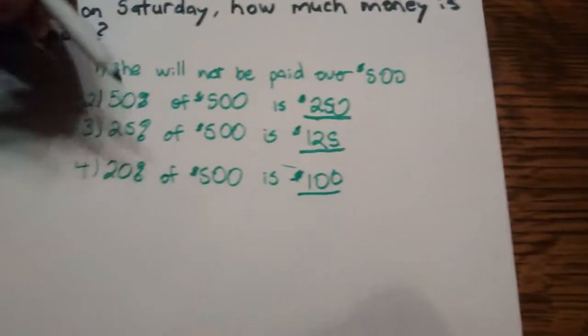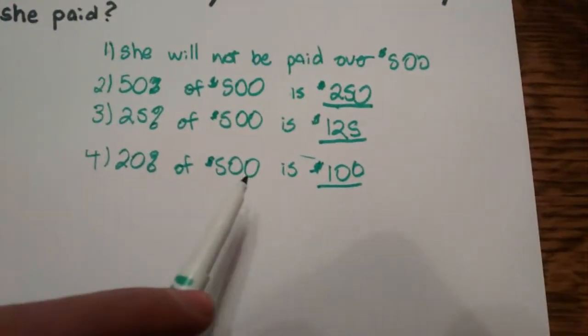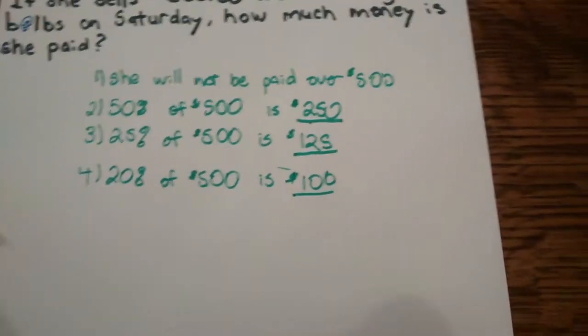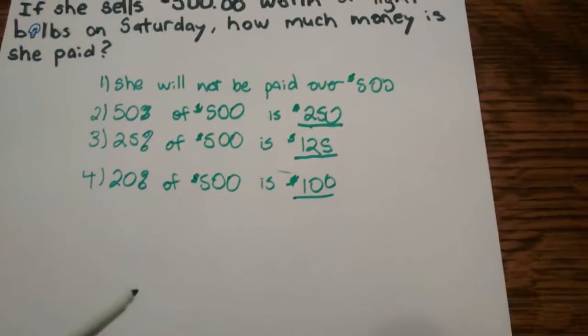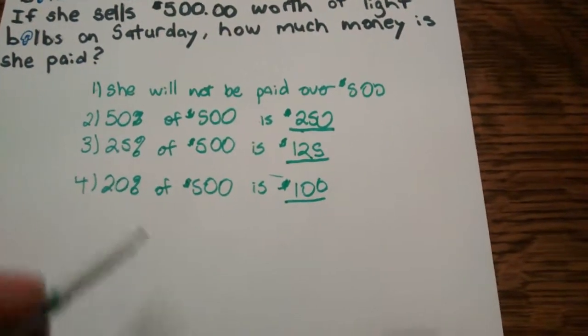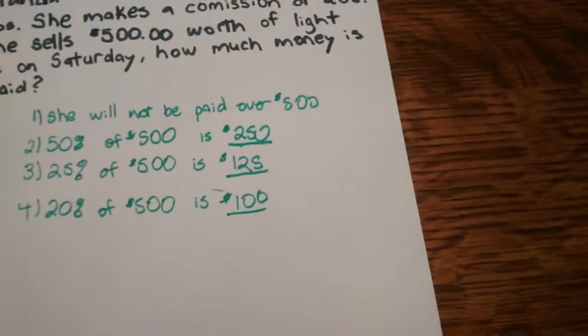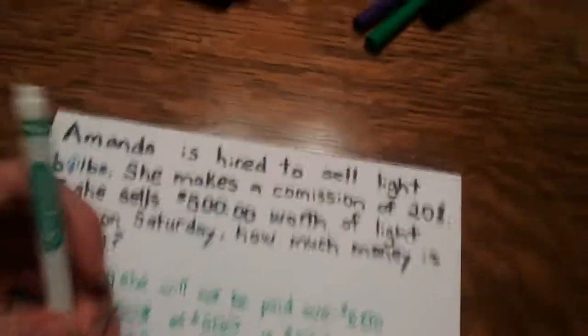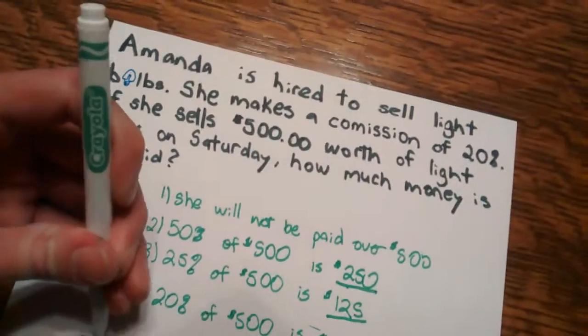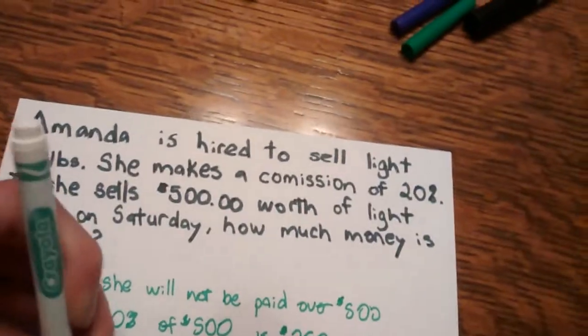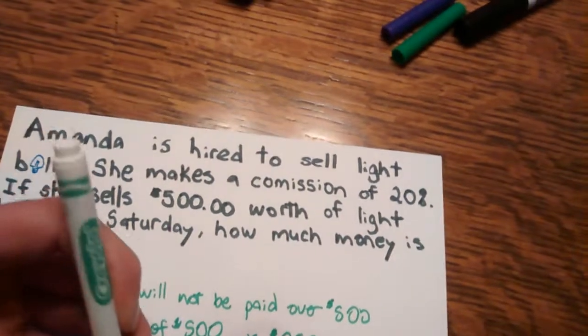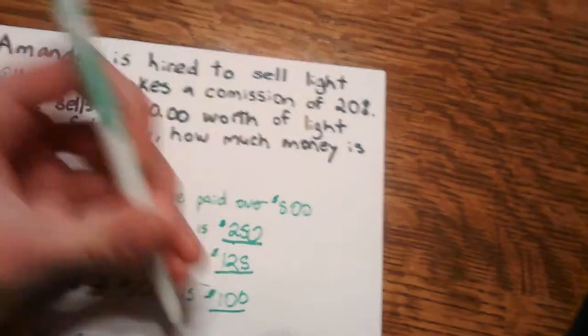How did I know that? Well, in my thinking, if I double 500 to get 1,000, then 20% of 1,000 is 200.